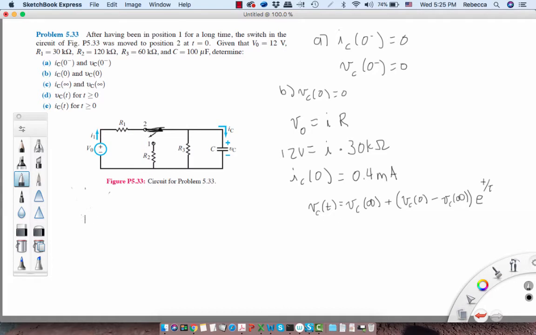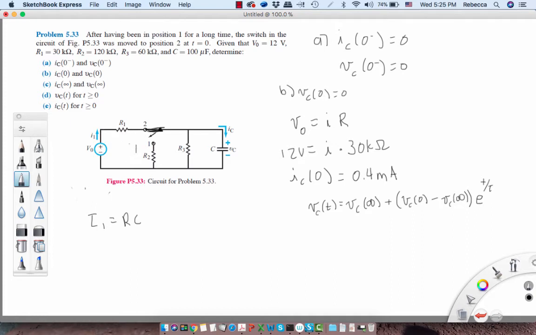So our time constant is RC. Now, from the point of view of the capacitor, R1 and R3 are in parallel. You can see that if you think of source transformation.